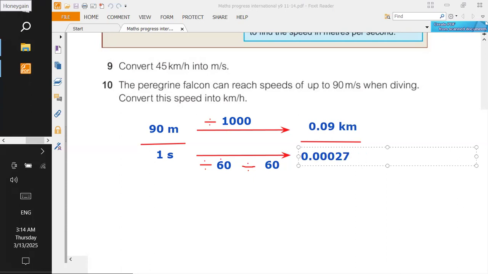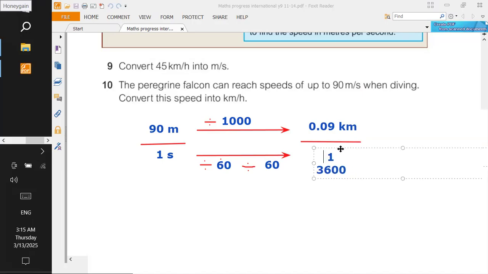If I write it as decimals, I might lose some numbers, so it's better for me to write it as a fraction. This one, I wrote it as a decimal because I don't have a recurring number. But if I have recurring numbers, I have to write it as a fraction. So this one is going to be 1 over 3,600, like this.